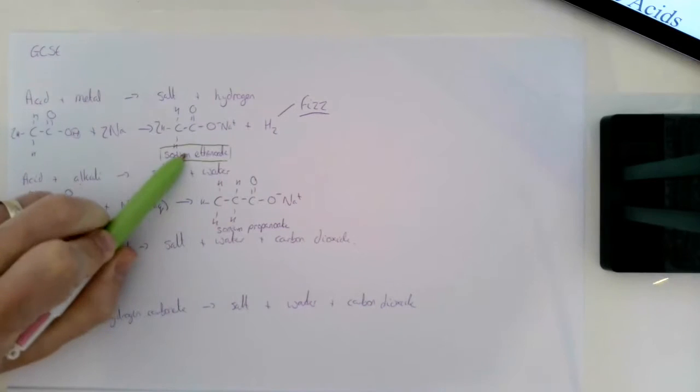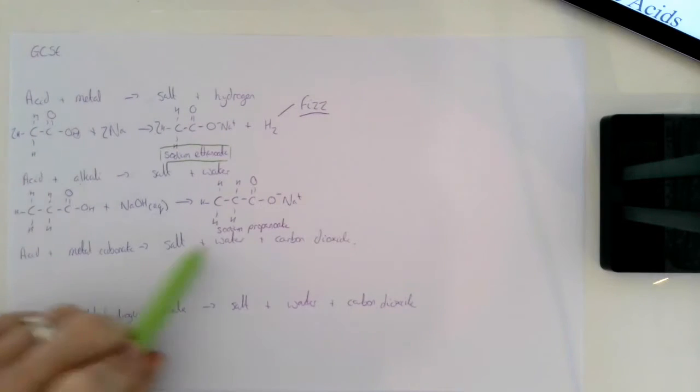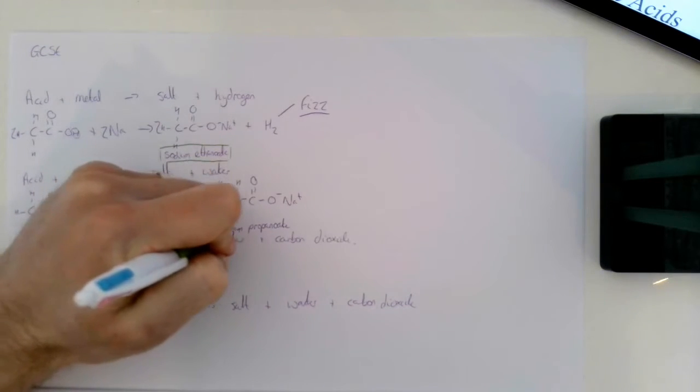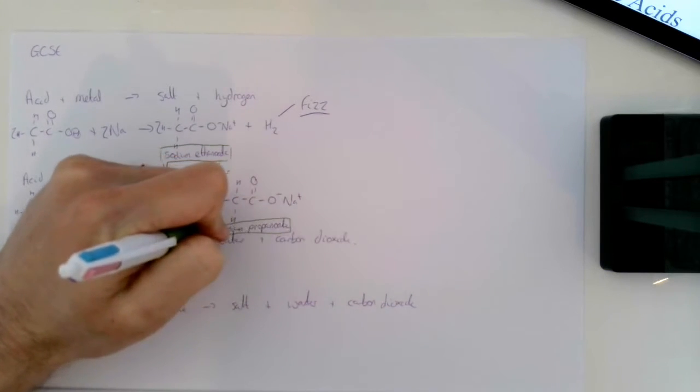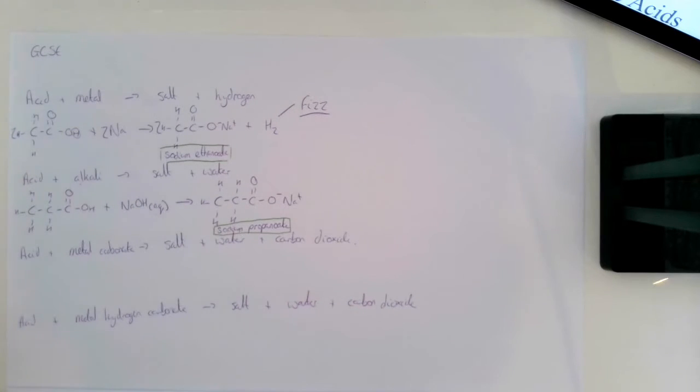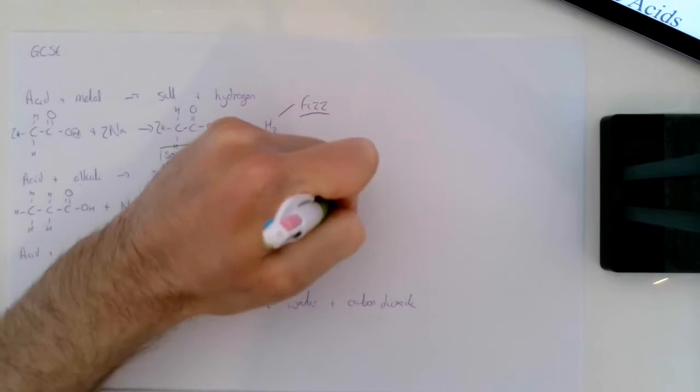So sodium ethanoate from ethanoic acid, sodium propanoate from propanoic acid. The other product then, just based on the general equations, we make salt and we also make water. So the side product is water.